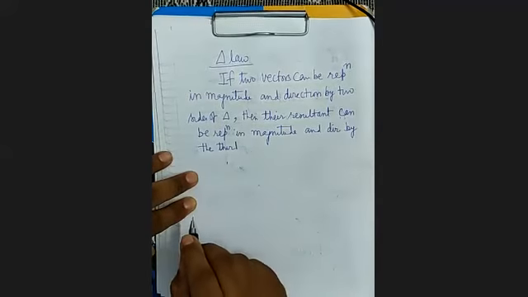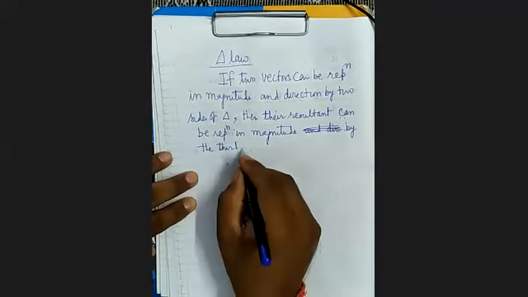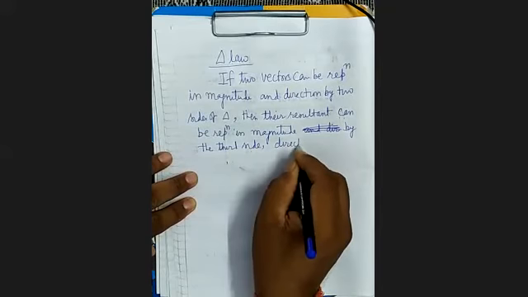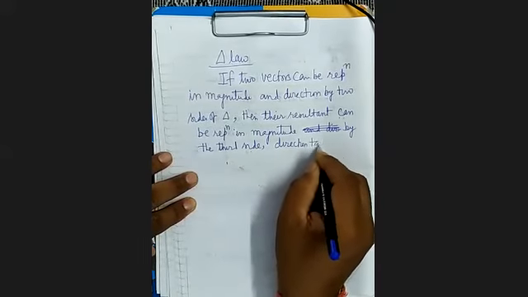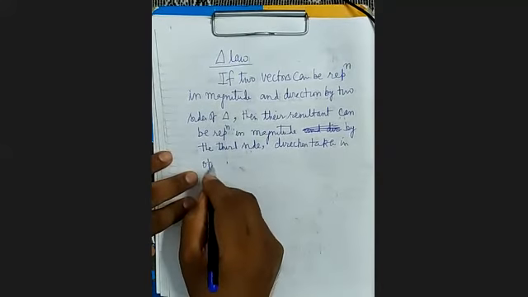Then the resultant can be represented in magnitude by the third side, direction taken in opposite order.